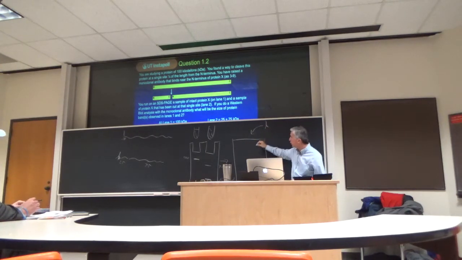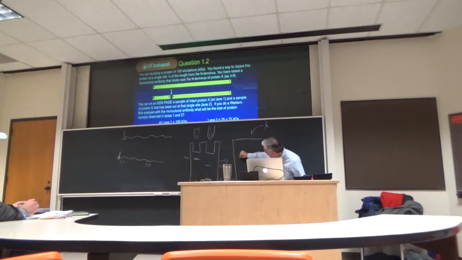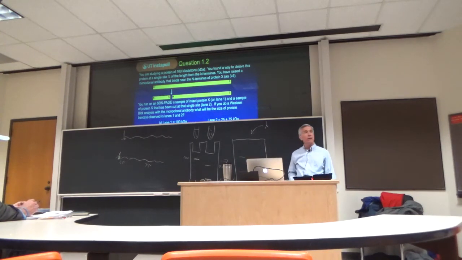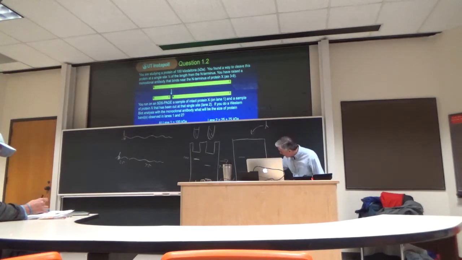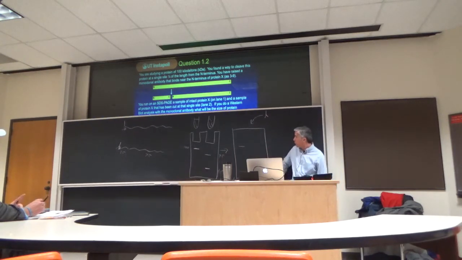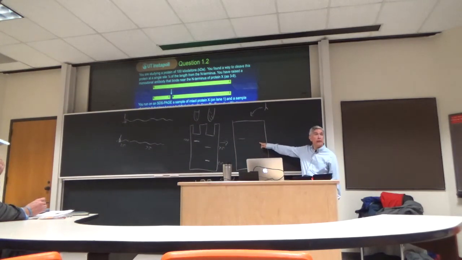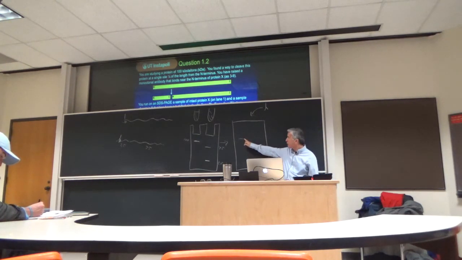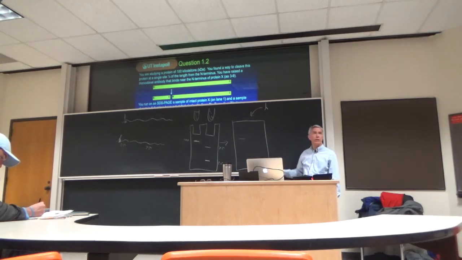So the antibody will be able to bind to the protein of 100 kD in lane 1, and it will be able to bind to the small 25 kilodalton protein in the second lane. They will not be able to bind to the 75 kD band. It's there, but you don't see it. It's not detected. It's invisible because it's not being highlighted by the antibody. So we see 100 and 25.